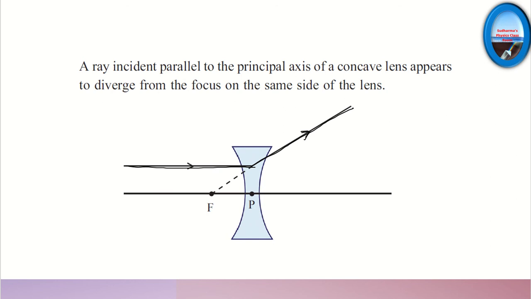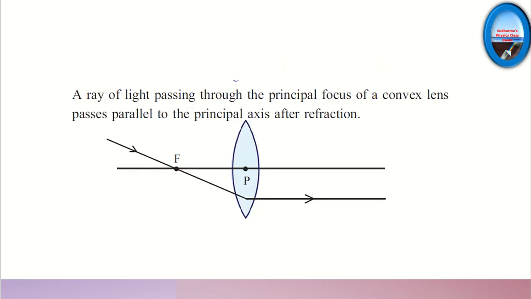Okay. And rule number three, a ray of light passing through the principal focus of a convex lens passes parallel to the principal axis after refraction. See, if you have a ray of light which is passing through the focus, after refraction it comes parallel to the principal axis. If you know all these three rules, we are ready to draw the ray diagrams.